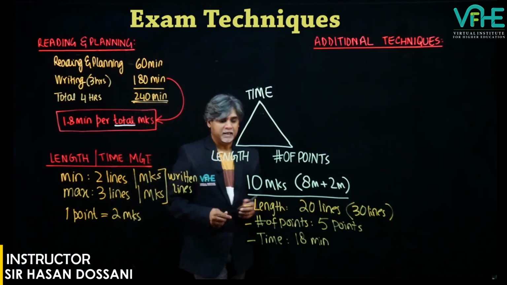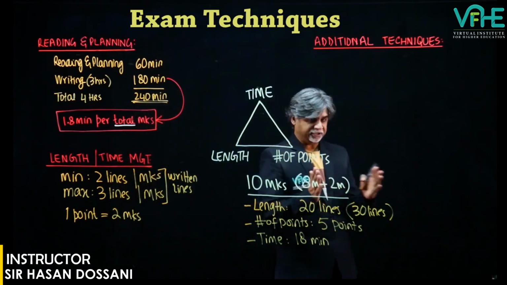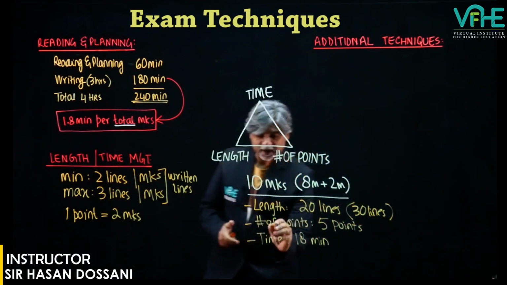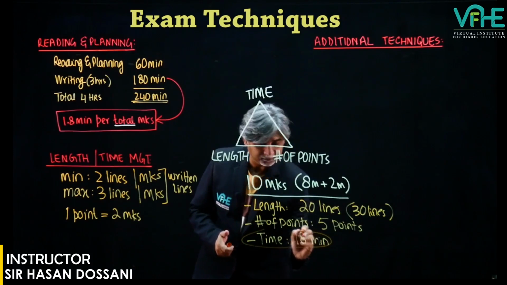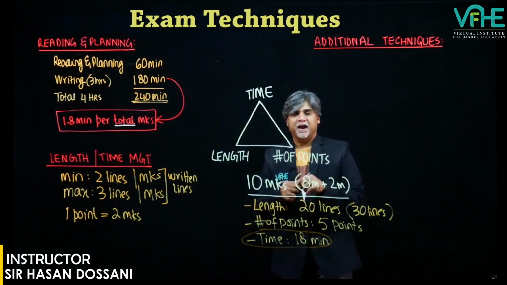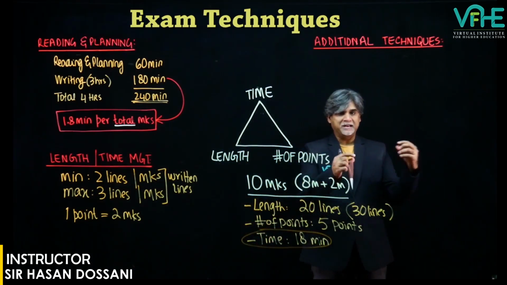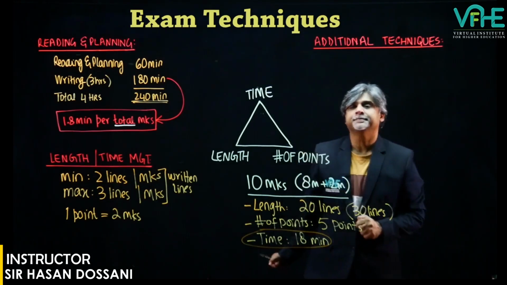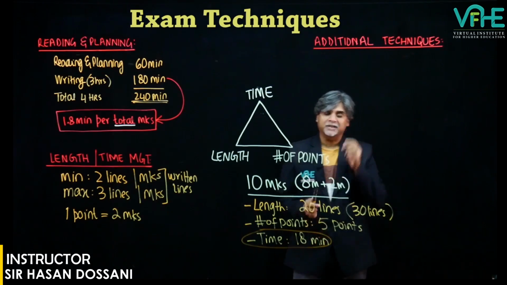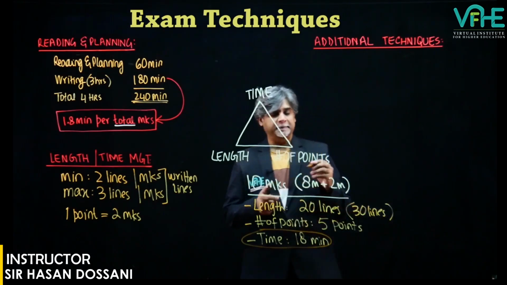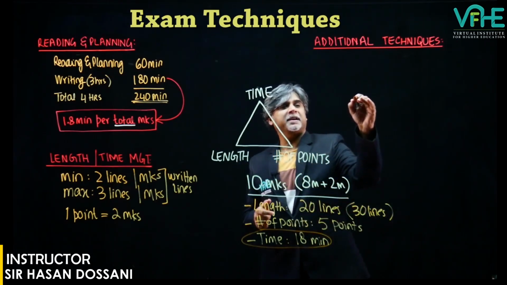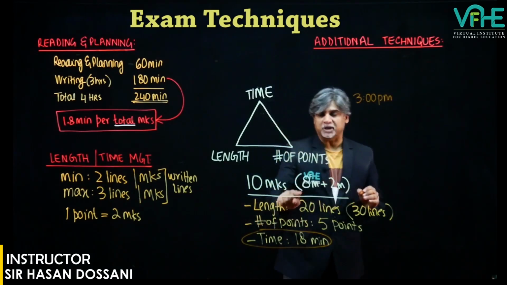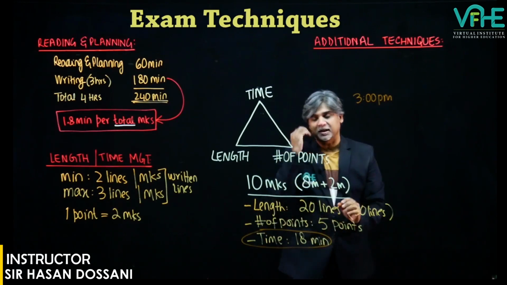So how do we keep track of time? The first thing is, before starting the answer, we calculate the time, and we write the ending time on our question paper in front of the question. I repeat. So for example, let's say the time is 3 o'clock, and you're about to start this question, which is 10 marks.